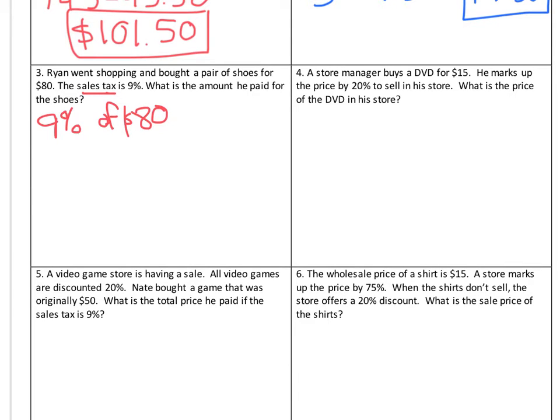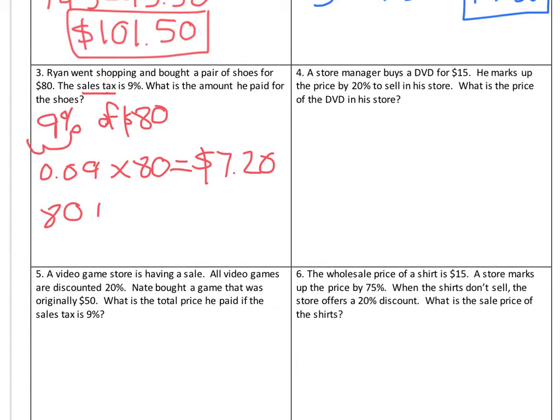First, I change 9% into a decimal, and I get 0.09 times 80, which equals $7.20. So now tax is adding 80 plus 7.20 equals $87.20.